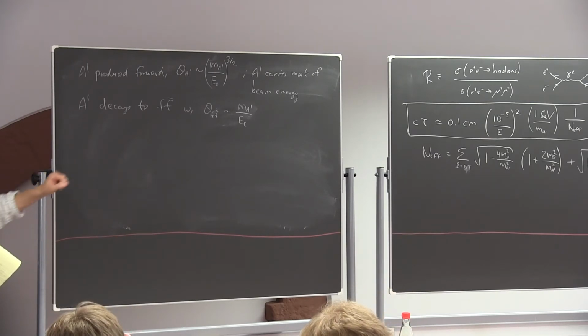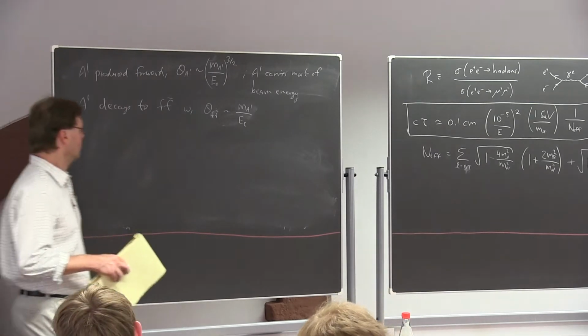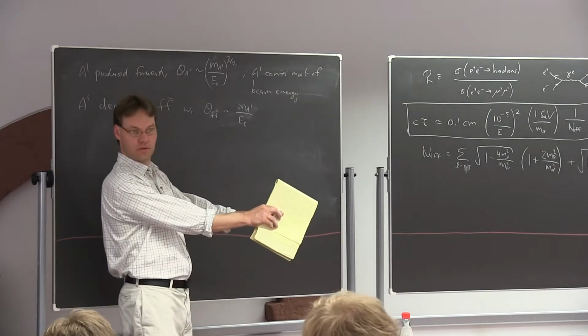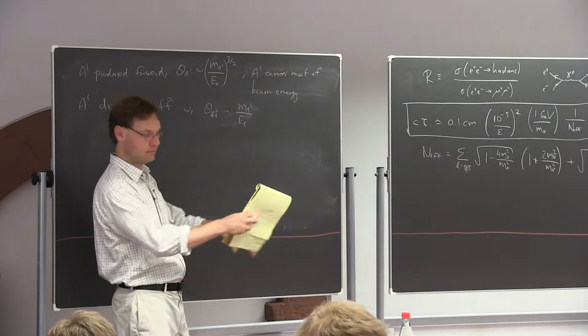Very small opening angle. So what you want is to put a detector very, very forward, in order to find the dark photon decays.